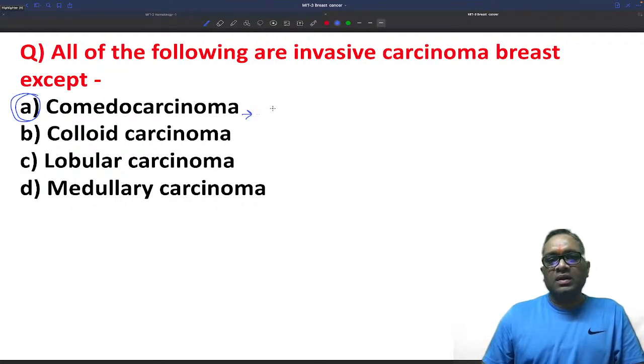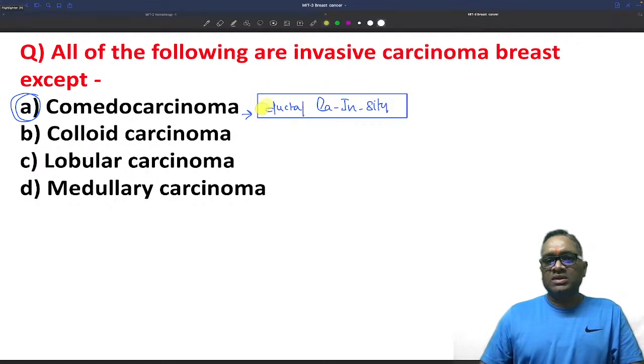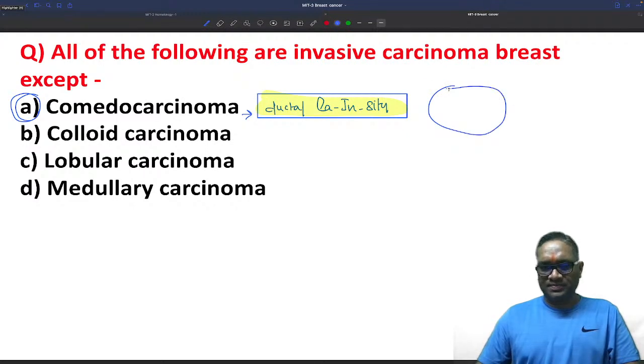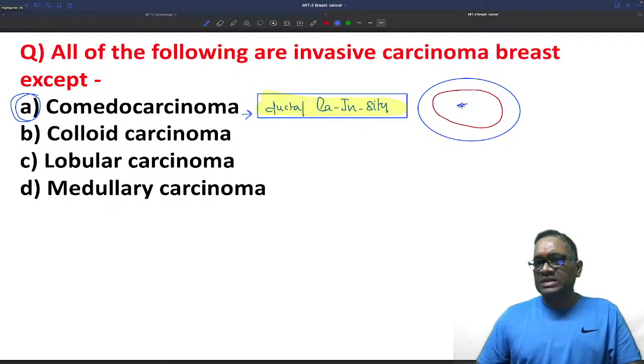Comedocarcinoma is seen in ductal carcinoma in situ, right? That is the important point. In ductal carcinoma in situ, when you see the biopsy, this will be the area of the duct, and the tumor cells are within the basement membrane, and there will be an area of necrosis and calcification in the center.